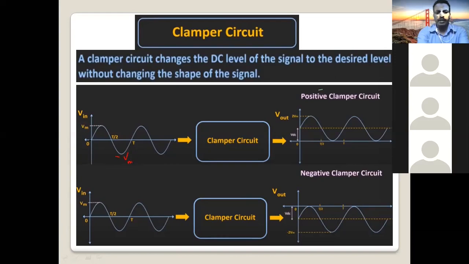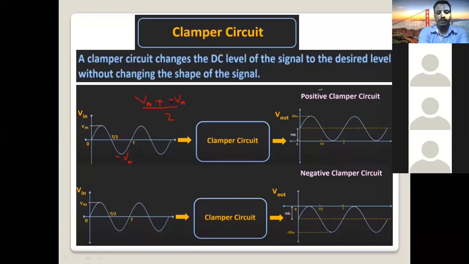So what will be the average value? Vm, maximum, plus minus Vm, divided by 2, right? This is a maximum, this is a minimum.